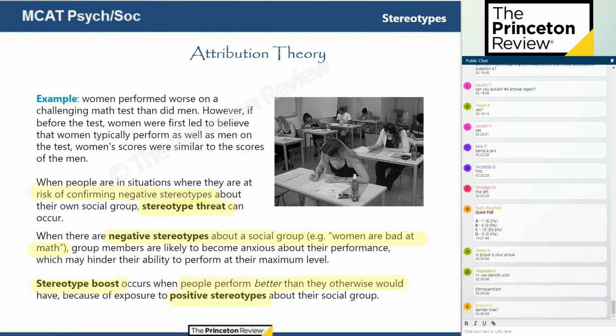So can you think of an example of a positive stereotype?